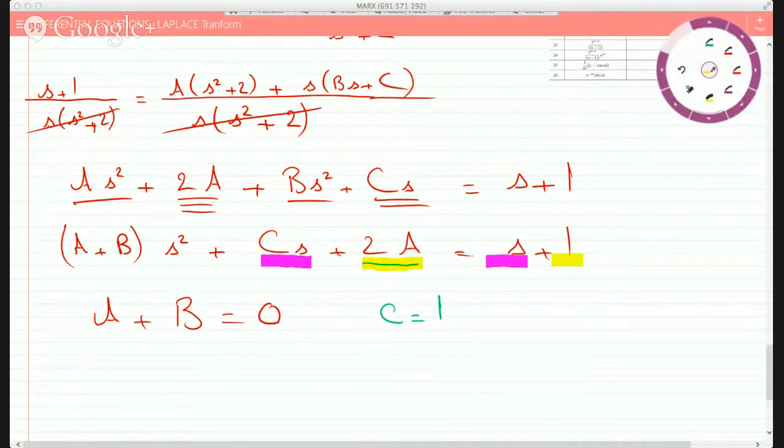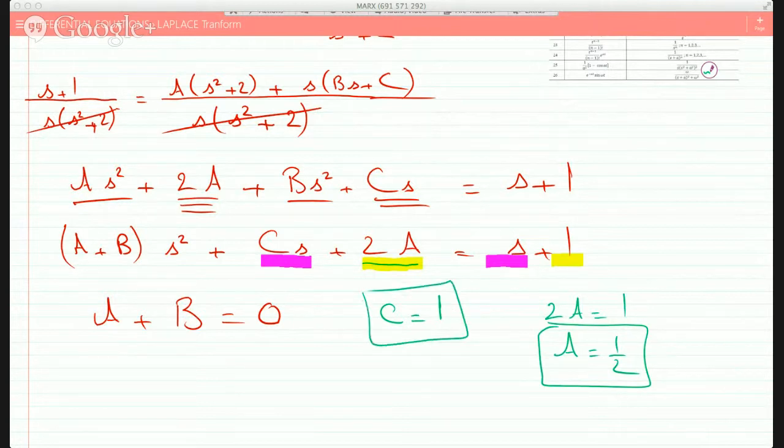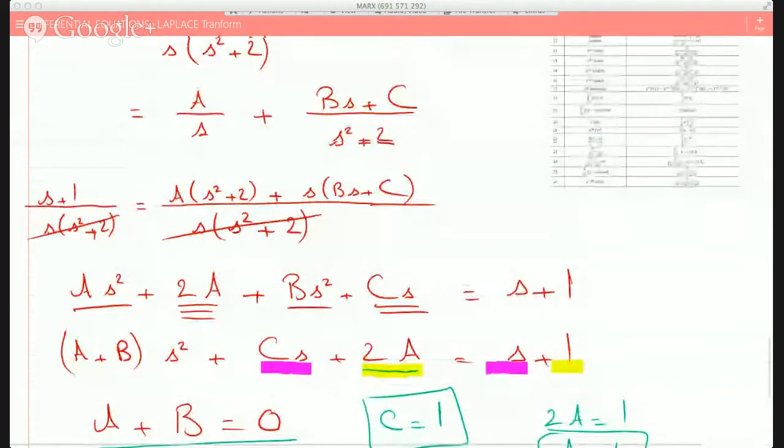So that just means 2a equals 1, which makes a a half. And b is just minus a. So b is minus half, according to this equation here. So now we found the a, b, and c. Now we take them and we plug them back here.